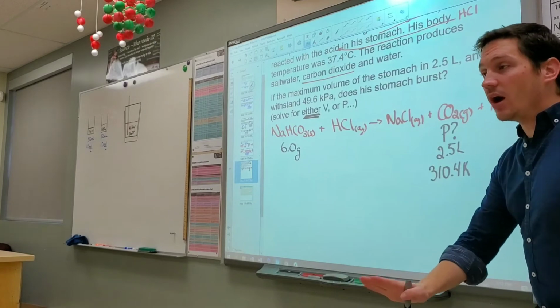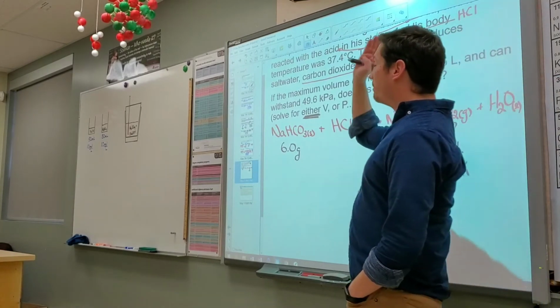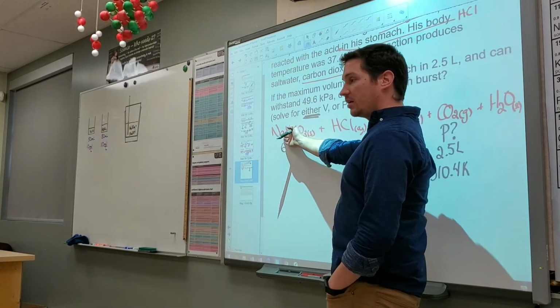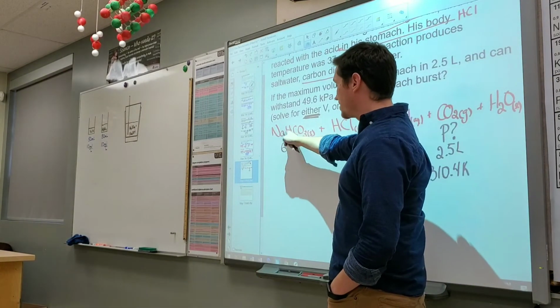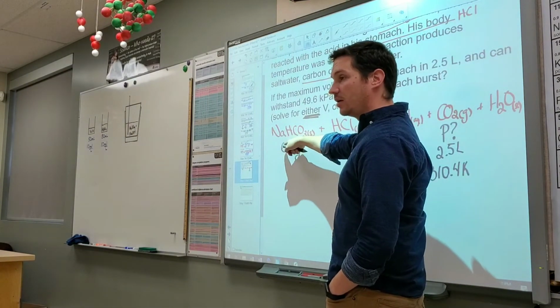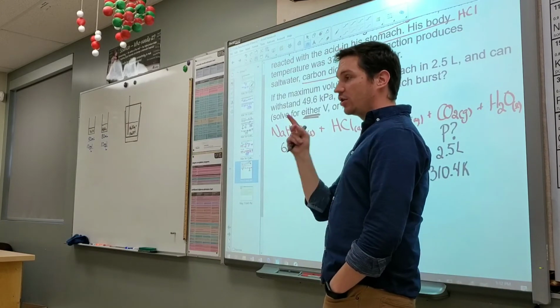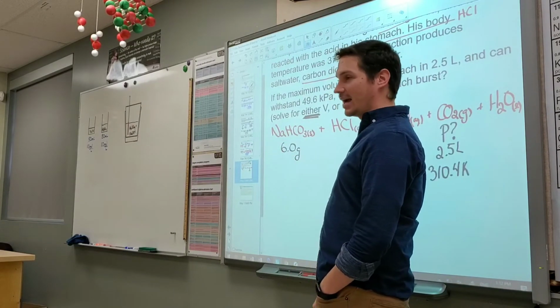In stoichiometry, you go from moles of one thing to moles of another thing. Can we get moles out of this combination? You need the molar mass. Go right ahead.